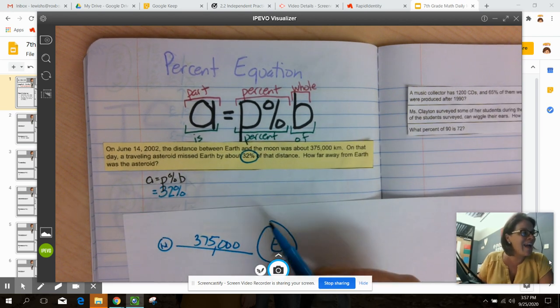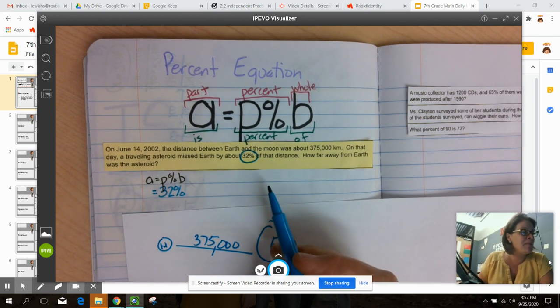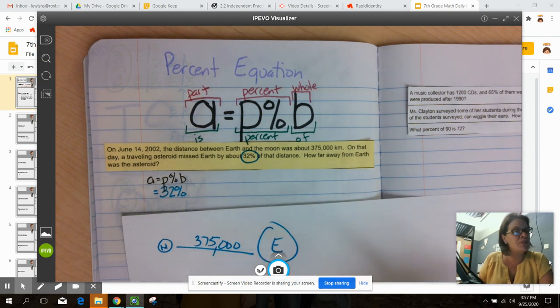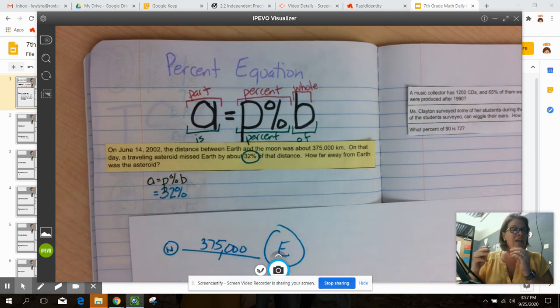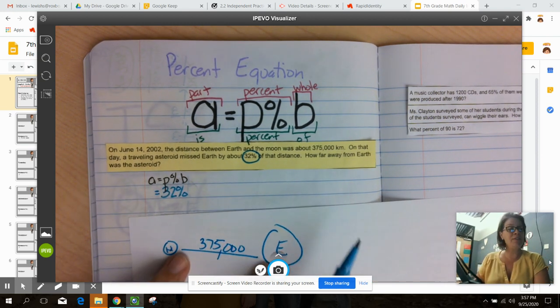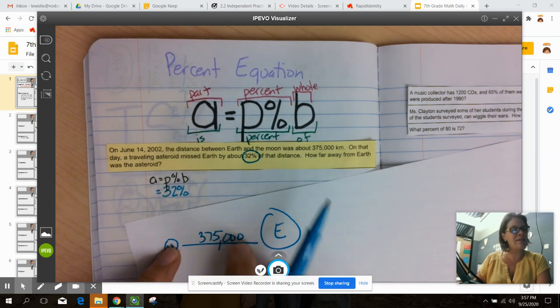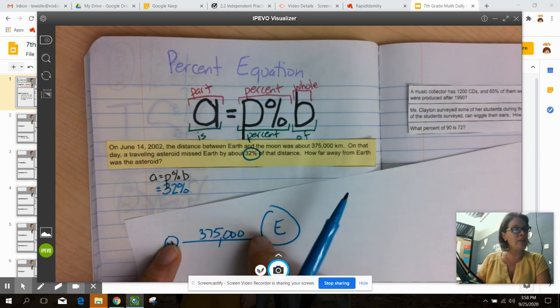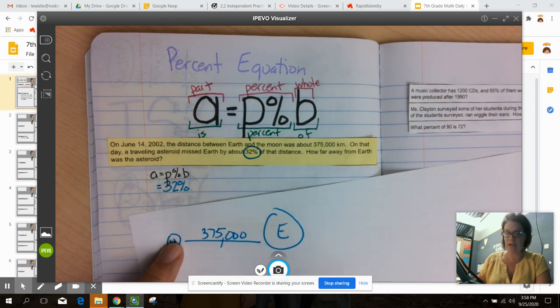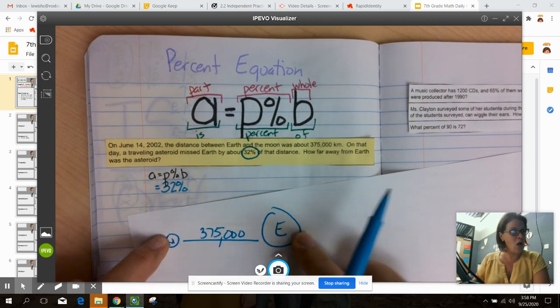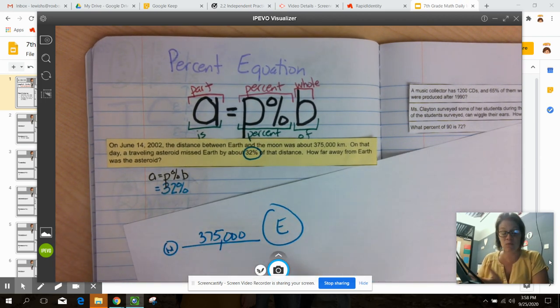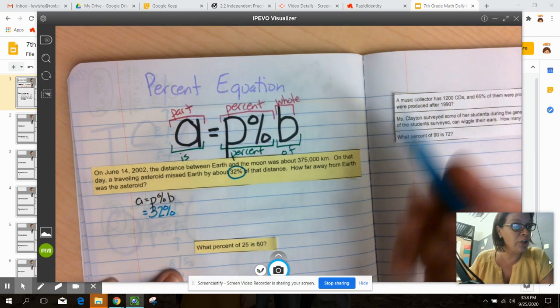We know that a traveling asteroid missed the Earth by about 32% of that distance. So if they were talking about 32% of this whole distance, then this number here has to be our whole. We are looking for the part, okay? So this whole distance, only 32% of it is what it missed Earth by. So we're looking for the part this time.